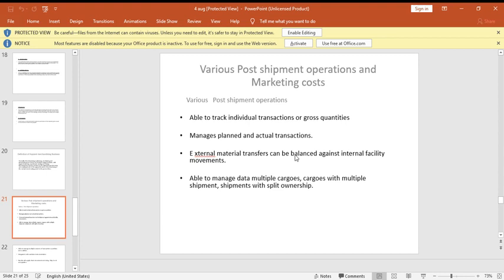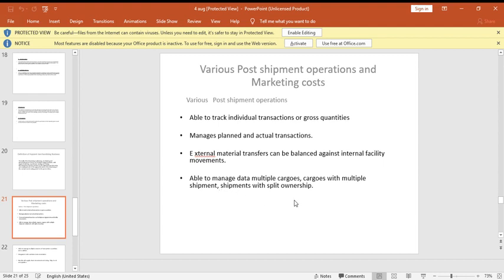So what are the various post shipment operations? First, able to track individual transactions or gross quantities, manages planned and actual transactions. External material transfers can be balanced against internal facility movements.